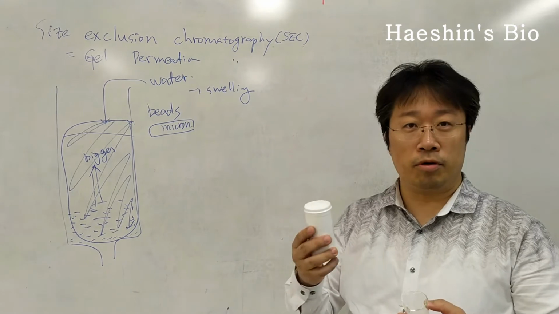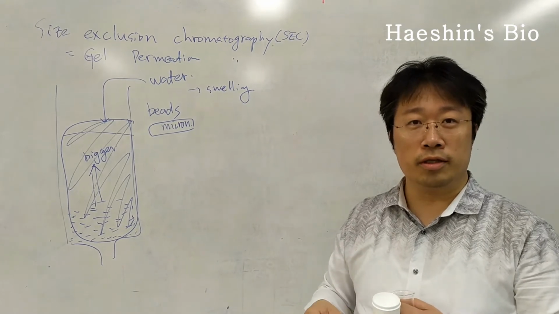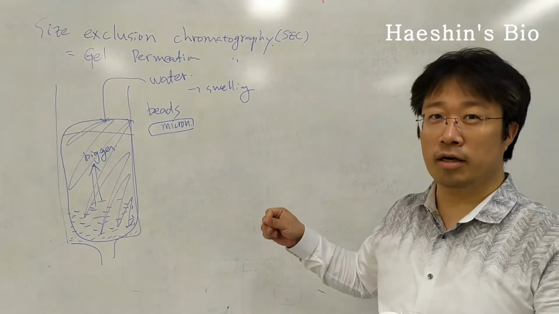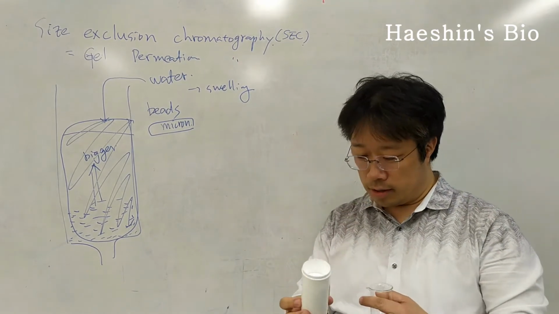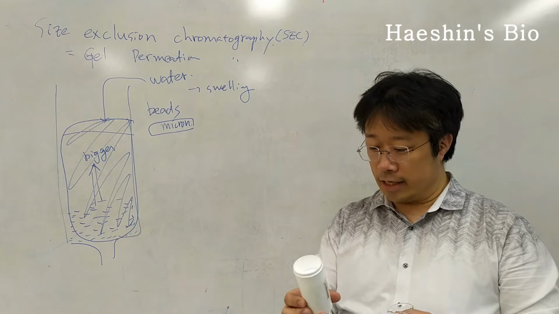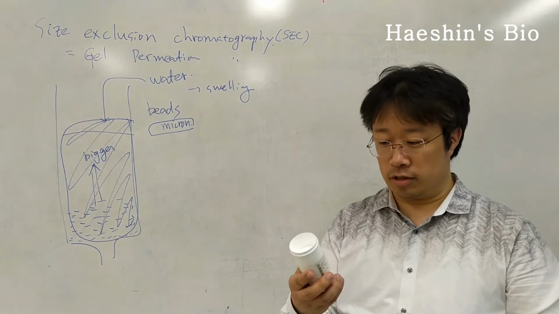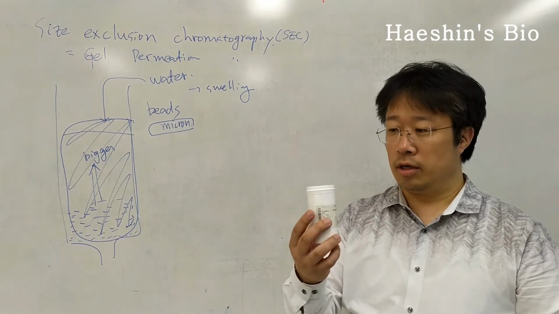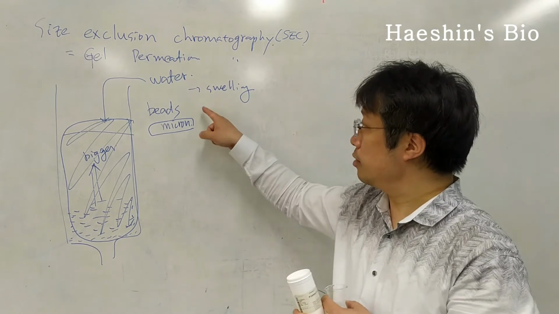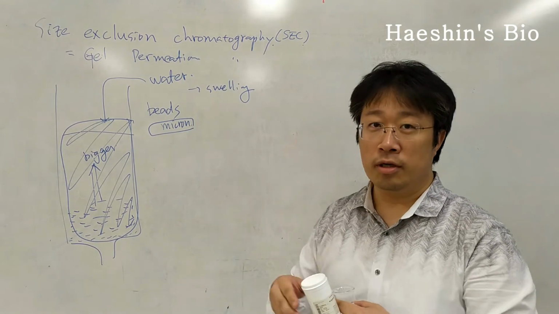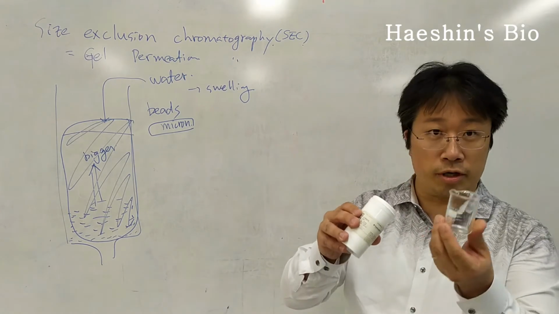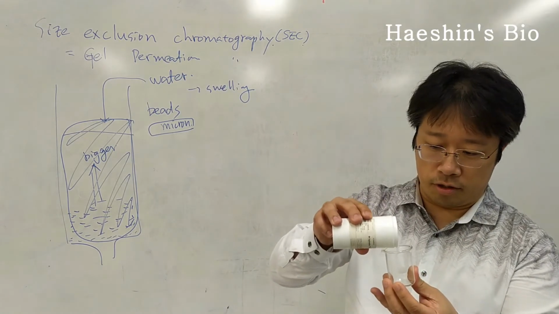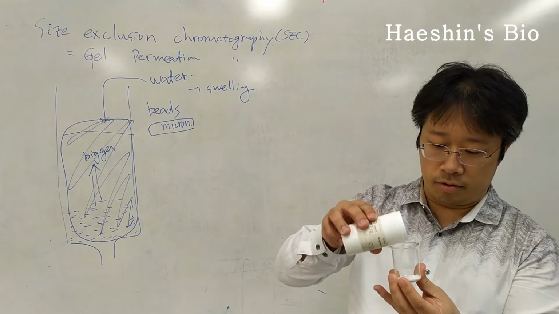So I brought a real example to help you understand the system. I brought Sephadex G75, which is a commercially available bead, and you will see it is a micron powder. I will demonstrate this. We can take a powder seed here.